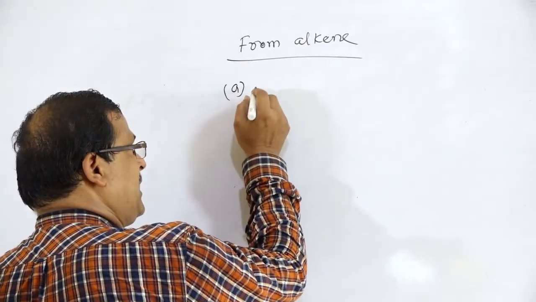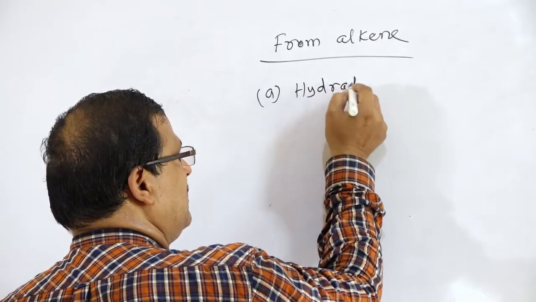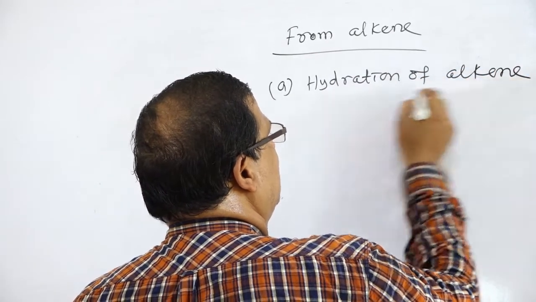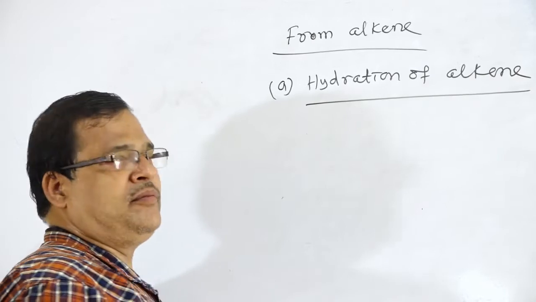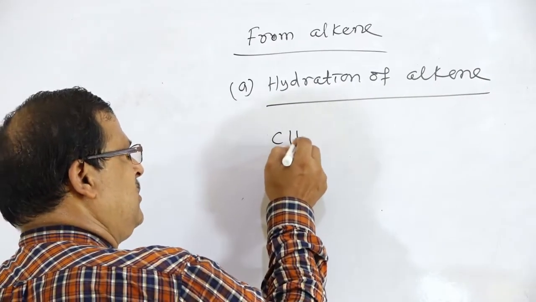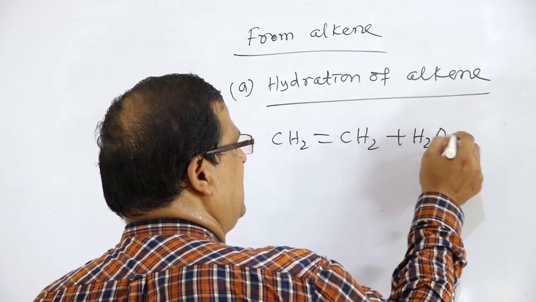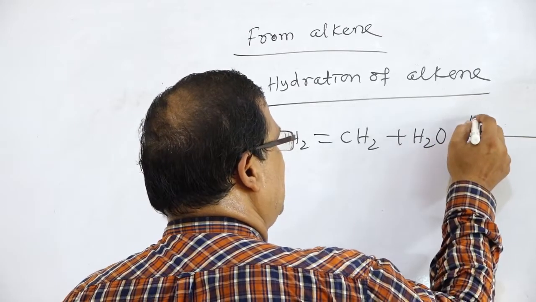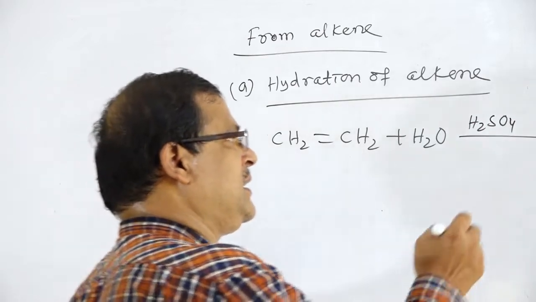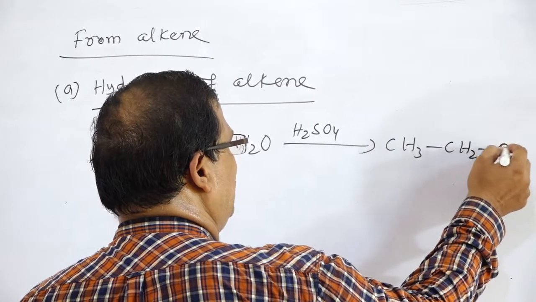First, direct hydration of alkene. For example, CH2 double bond CH2 is added with water in the presence of H2SO4, and there is the formation of CH3 CH2 OH.